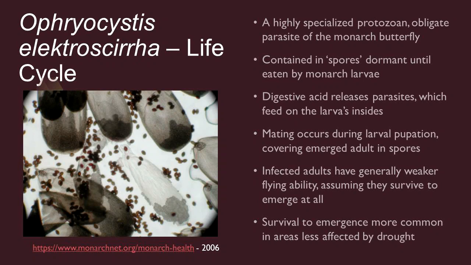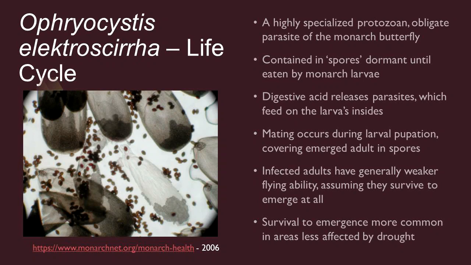Then once the larva begins to pupate, parasites will start to mate, covering the emerged adult in spores, and heavily infected adults will not have flying ability and might not even survive to emerge, but more lightly infected individuals can be asymptomatic and continue spreading the spores.